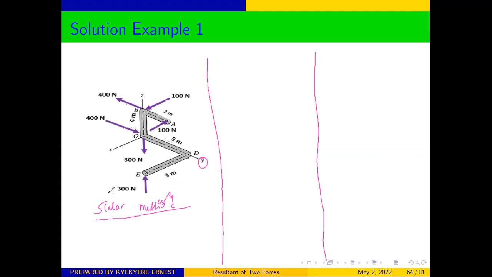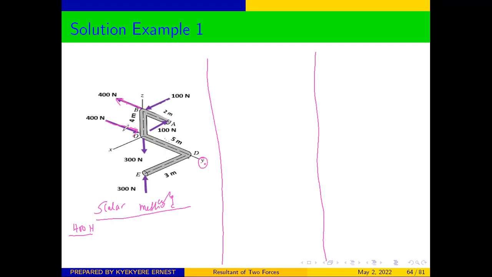So first of all, let's start with the 400 Newton force or 400 Newton couple. Look at the direction of the force. The force is in the y-axis, and in the same way, this force is also in the y-axis. You can see that this is our y.